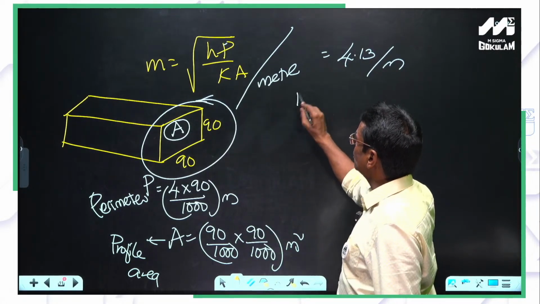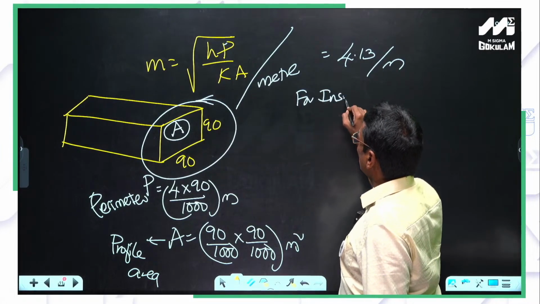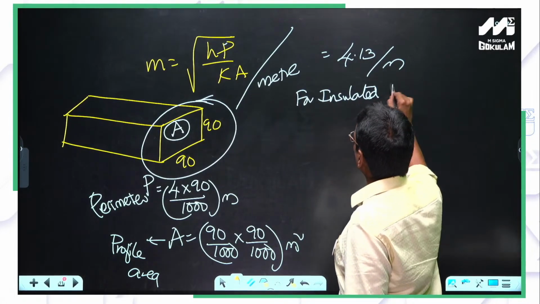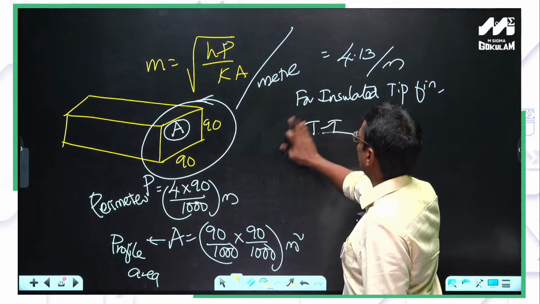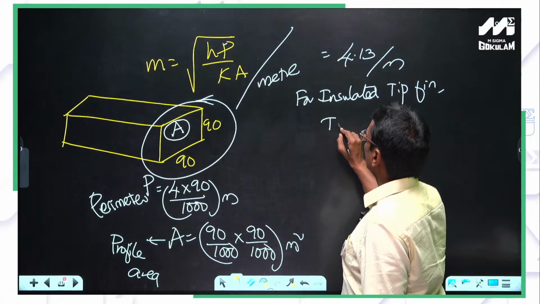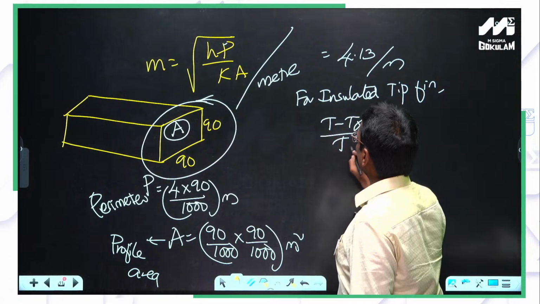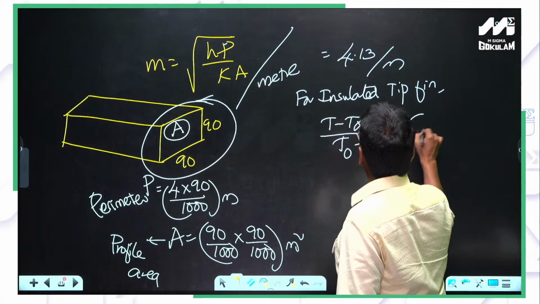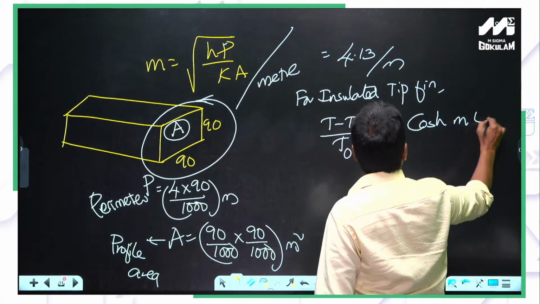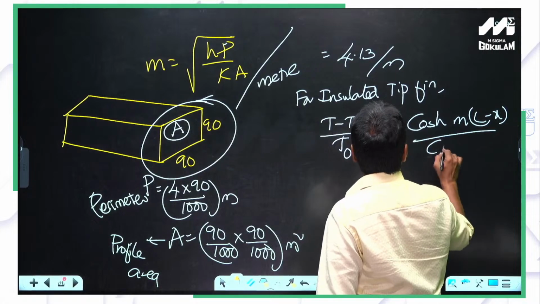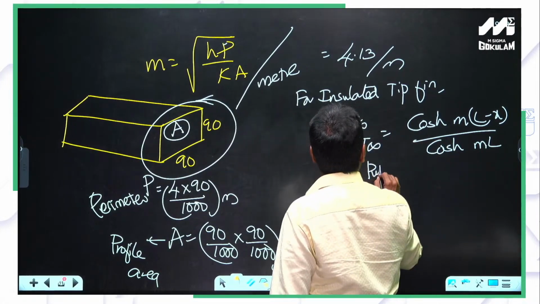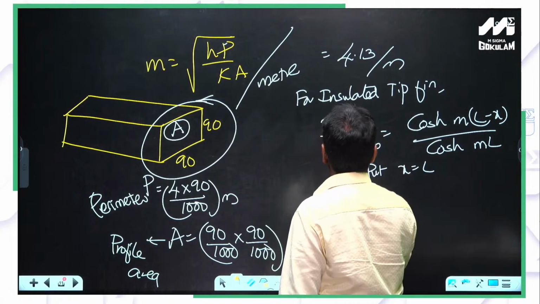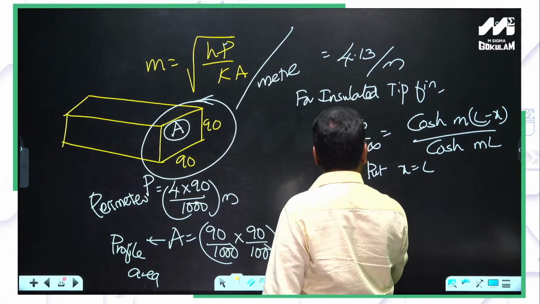So, for the insulated tip fin, already given, (T minus T infinity) by (T naught minus T infinity) is equal to cosh m(L minus x) by cosh mL. Put x equal to L, then it becomes T at x equal to L, which we require.